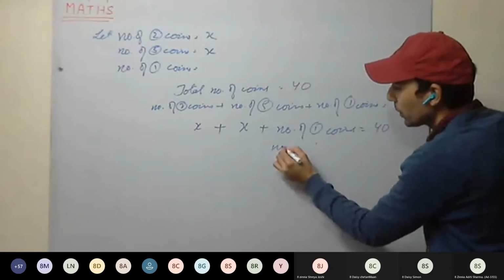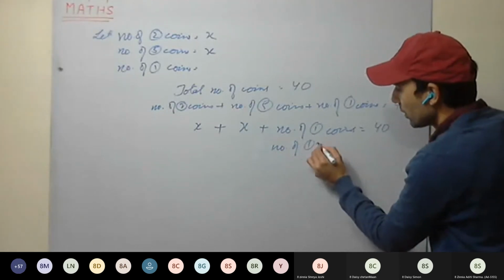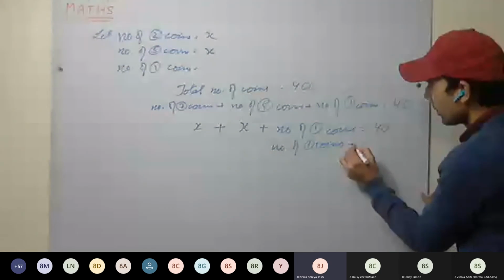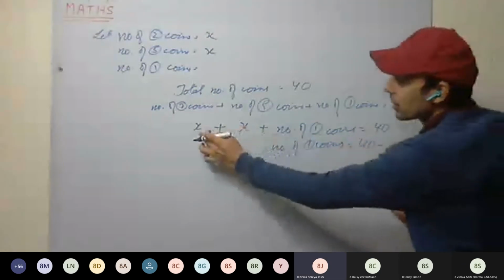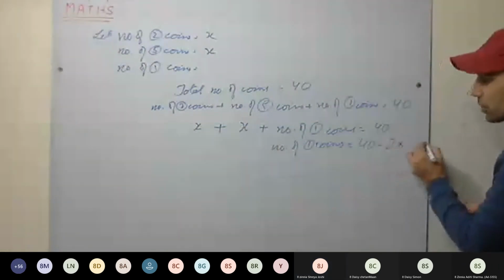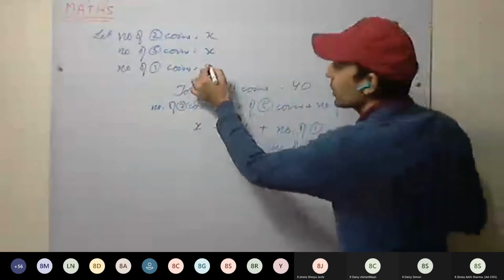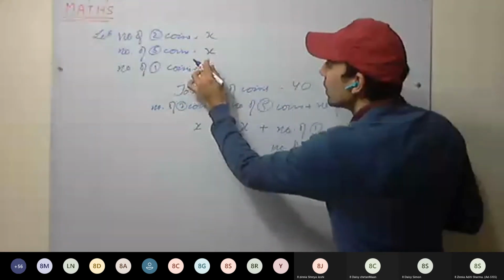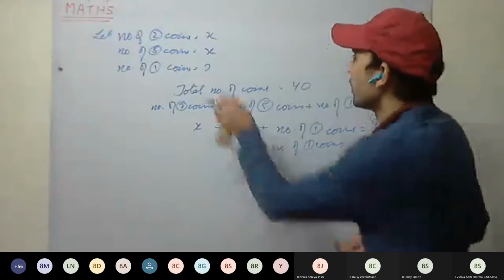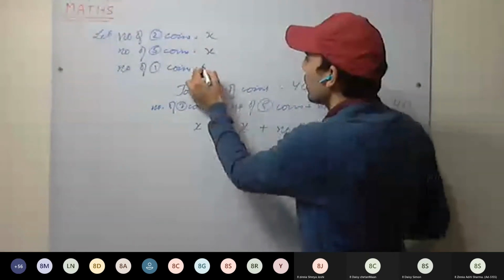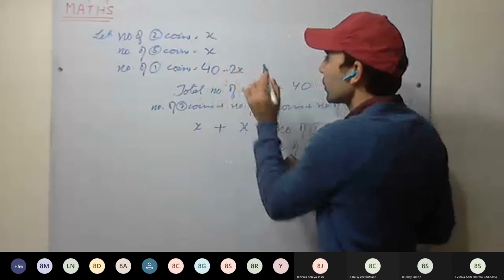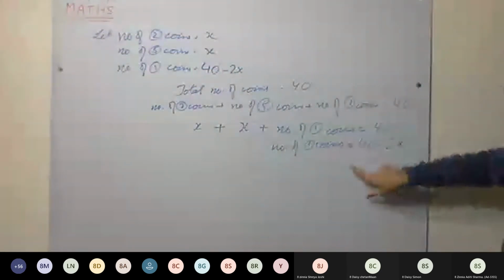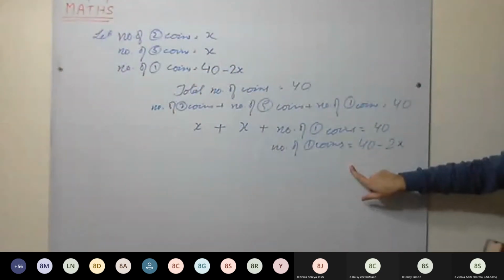So the number of 1 rupee coins will be 40 minus 2x. We got the number of 1 rupee coins.